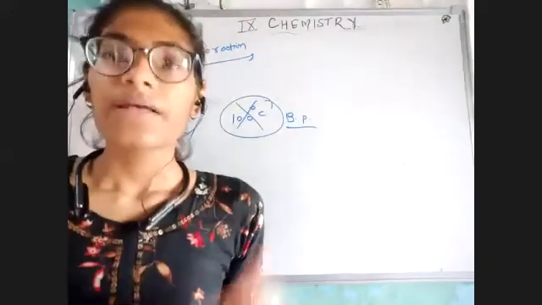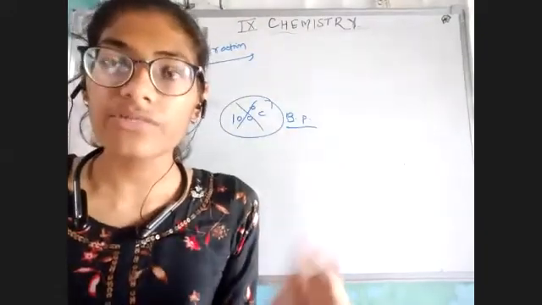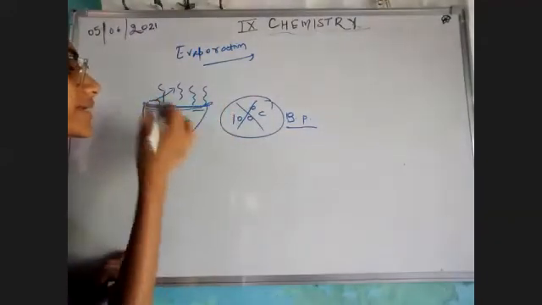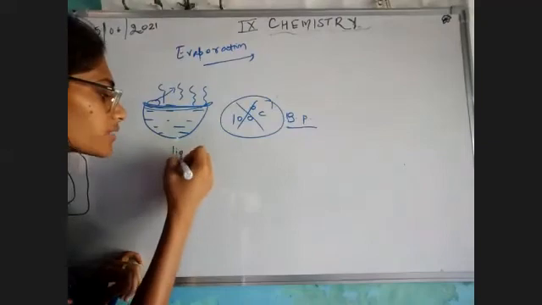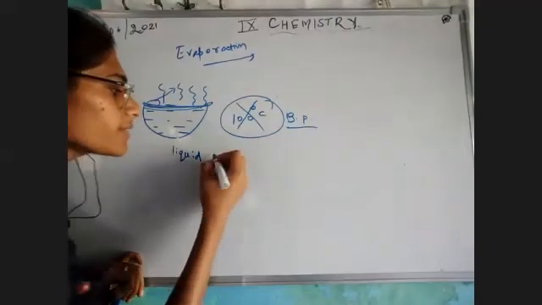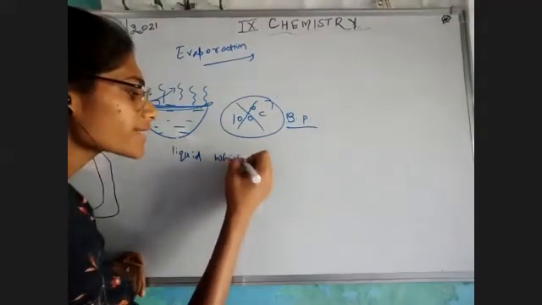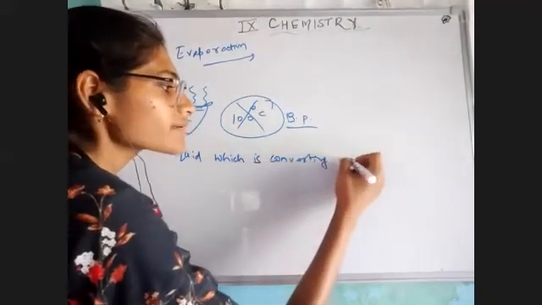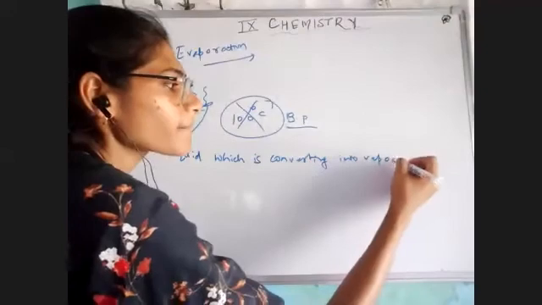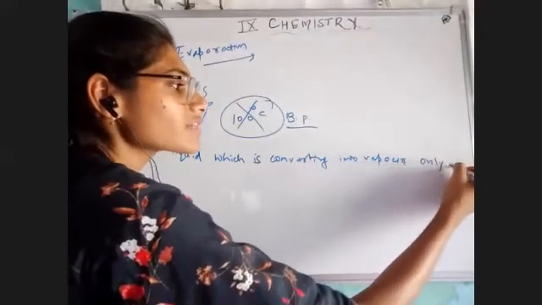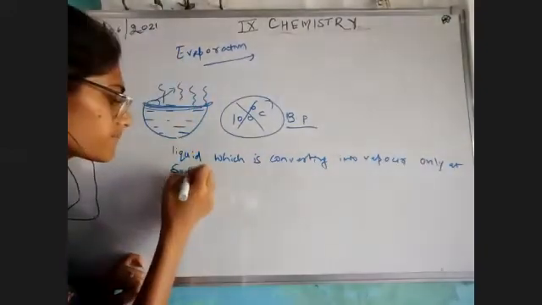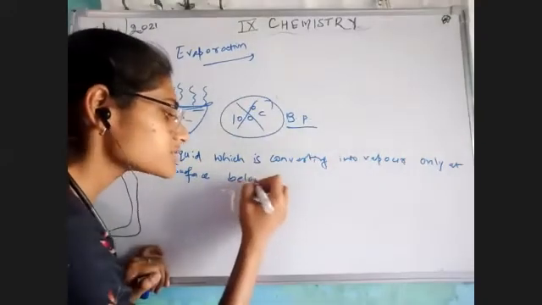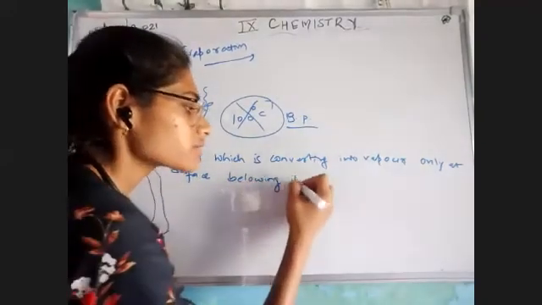Why is it so? This particular process in which the water, I'm again repeating, any liquid or specifically the water, is converting into vapors only at the surface, below its boiling point, is known to be evaporation.